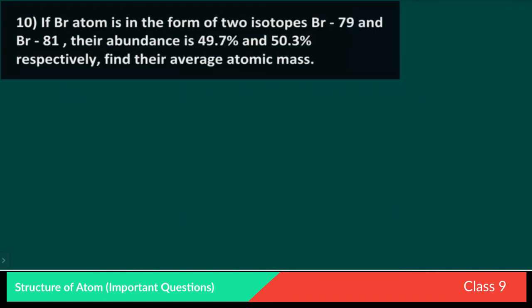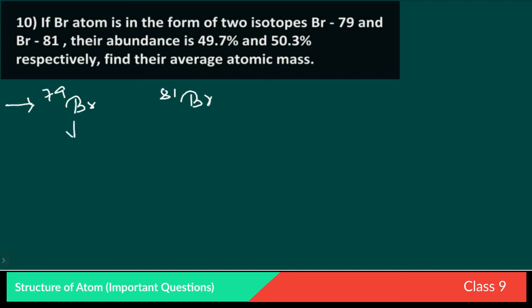Now we come to the last question of today's class. This one is a sort of mathematical calculation. If bromine is in the form of 2 isotopes, that is bromine 79 and bromine 81, and their abundance is 49.7% and 50.3% respectively.